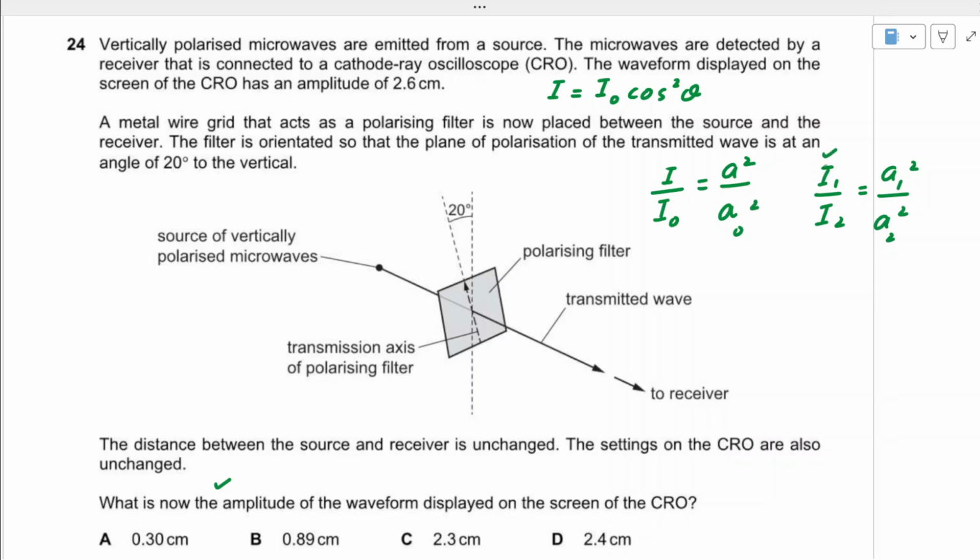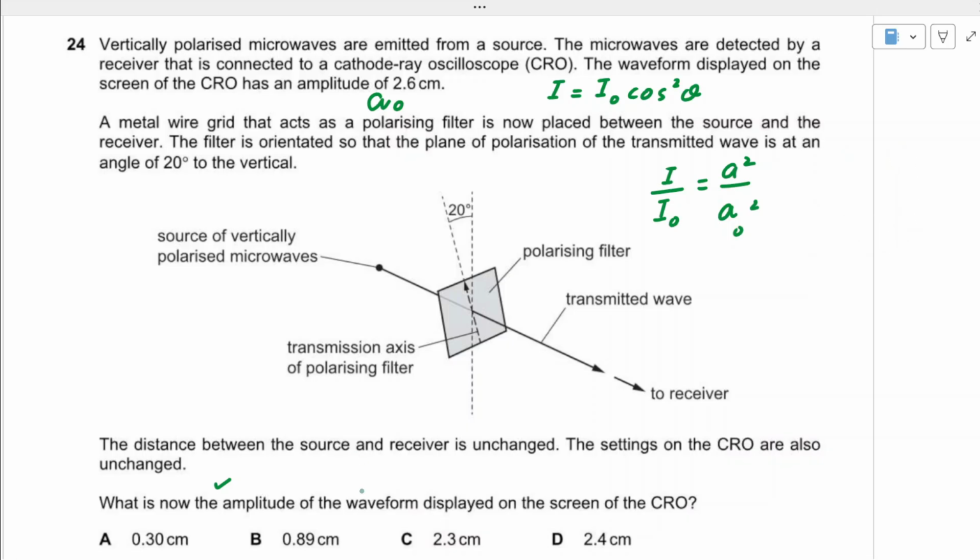If you have intensity 1 at the top, then it should be amplitude 1 at the top, because these two are directly proportional. So the initial amplitude of the wave was how much? 2.6. Let me call it a naught. So a naught is 2.6.